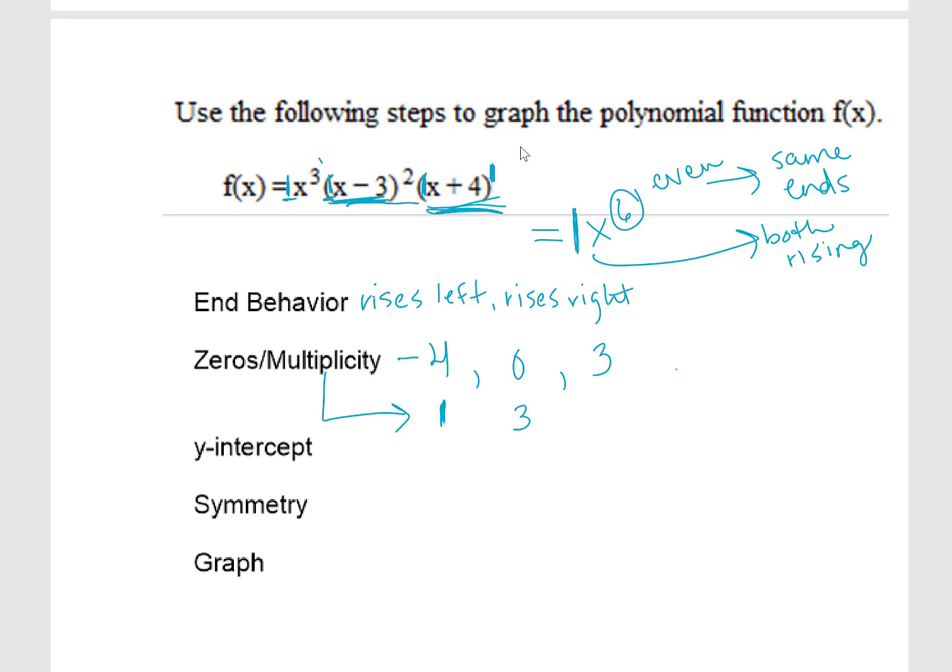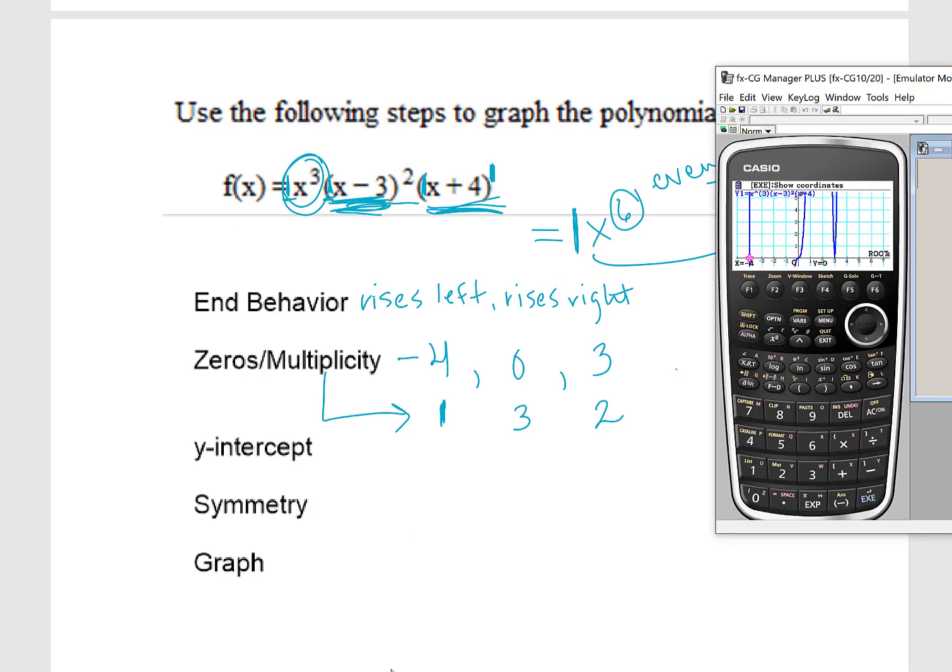How do I know that? Because that 0 came from setting x cubed equal to 0. And the 3 came from setting x minus 3 equal to 0. And so that has a multiplicity of 2. So because the multiplicity for -4 and 0 are odd numbers, they should pass through the graph.